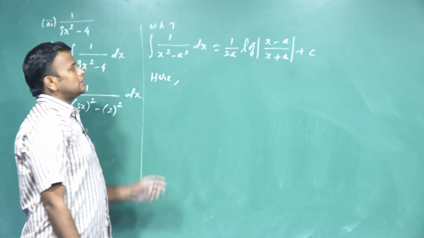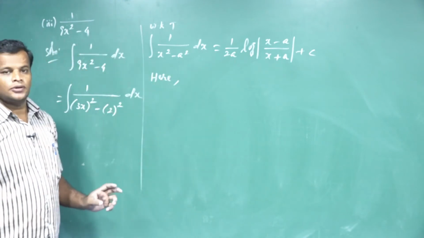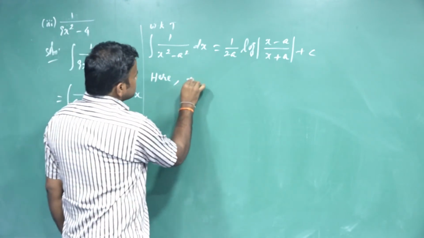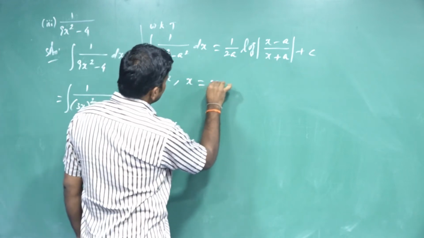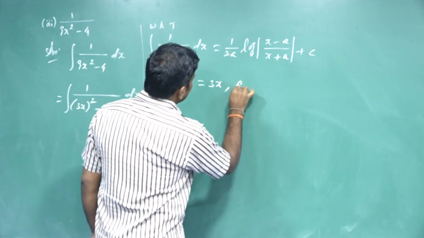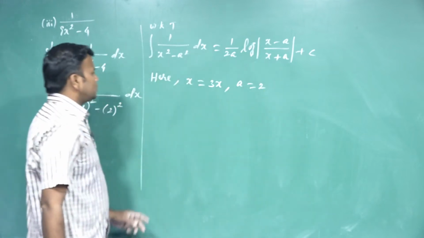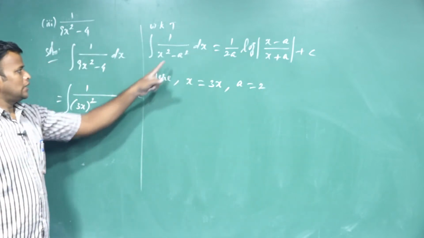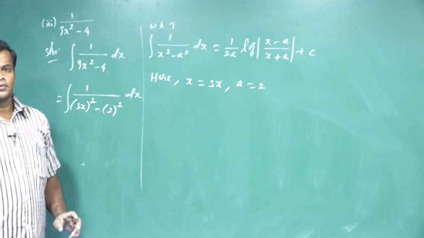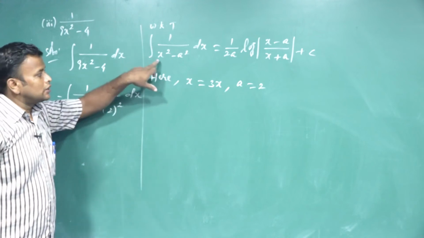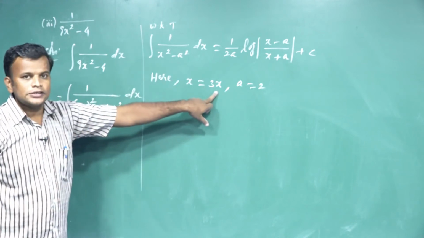We compare the sum to the formula. So in place of x, 3x, and in place of a, 2. In place of x, 3x. In place of a, 2. And also it is important, x is not x, it is 3x.